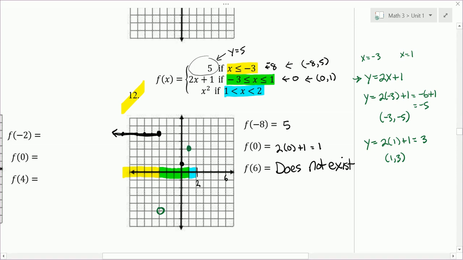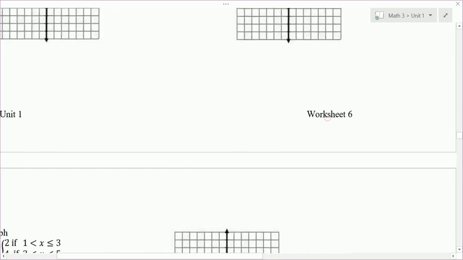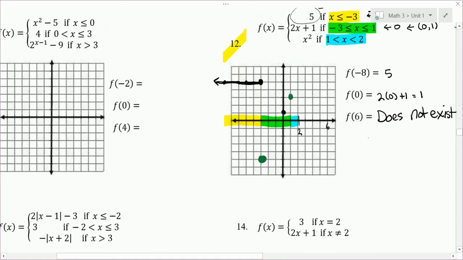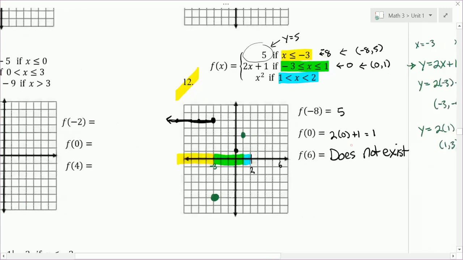Now I'm noticing an issue here at -3, and it's not an issue with what I did, it's an issue with the problem here. And we can correct this pretty easily. At -3, there's two answers. There's the answer from the first piece, which is 5, and there's an answer from the second piece, which is -5.